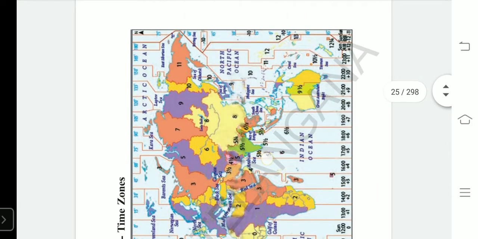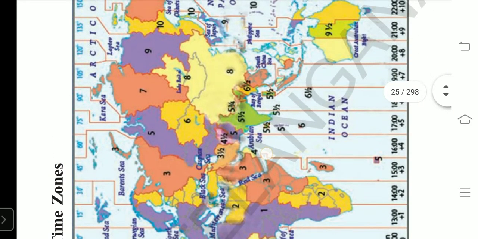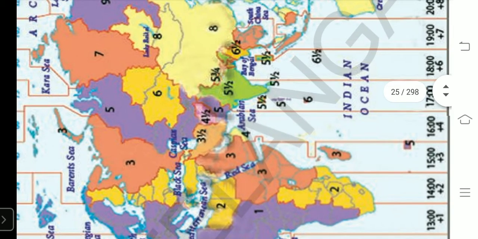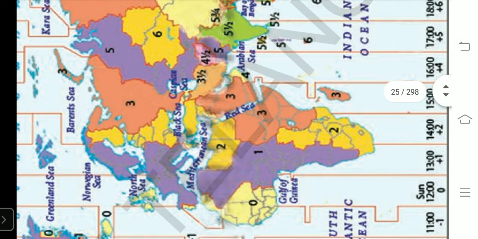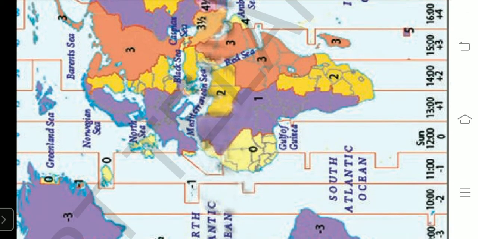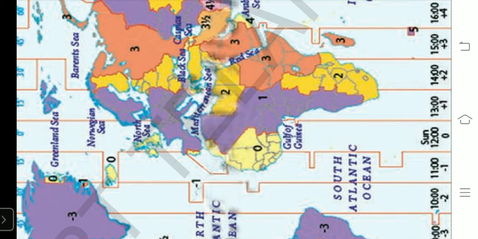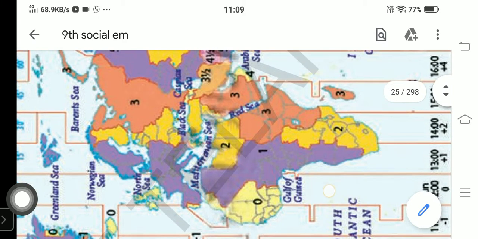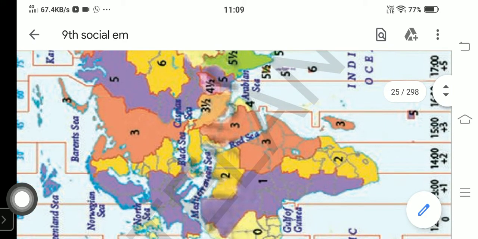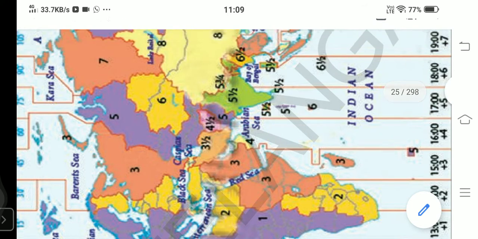So in India, it is 5 and a half. Understand what we mean by 5 and a half? 5.5 hours ahead of Greenwich. This is the Greenwich meridian, 0 degrees. When it is 12 o'clock here, then it is 5 hours 30 minutes later, evening, in India.